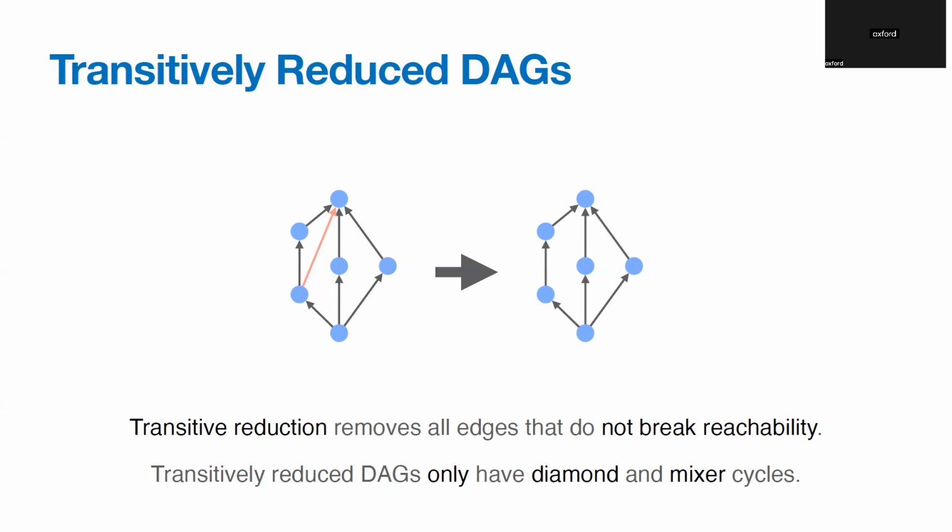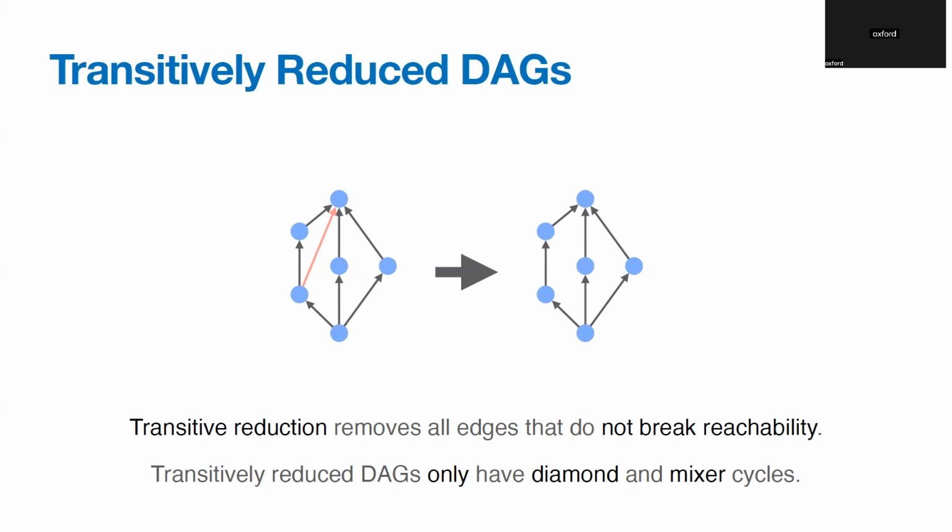Another way of looking at transitive reduction is to think of it as preserving the longest path. Often people are interested in the shortest path between nodes, but by using transitive reduction, you find the longest path in the graph.